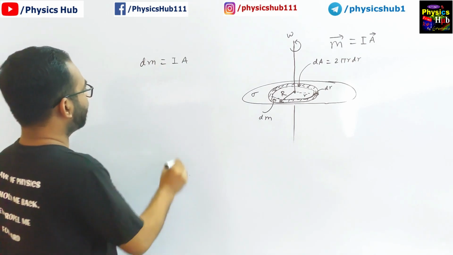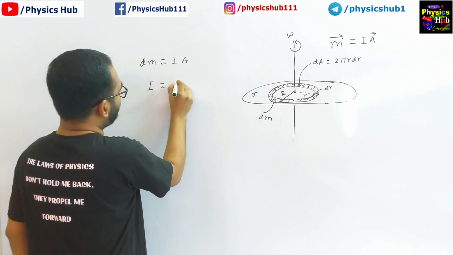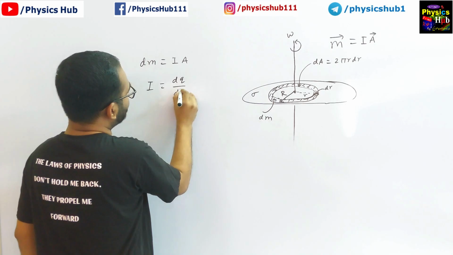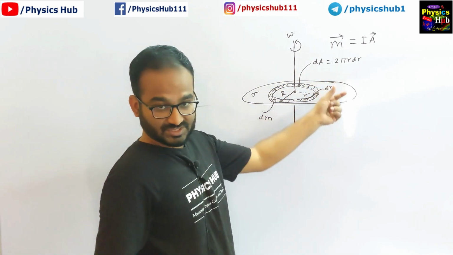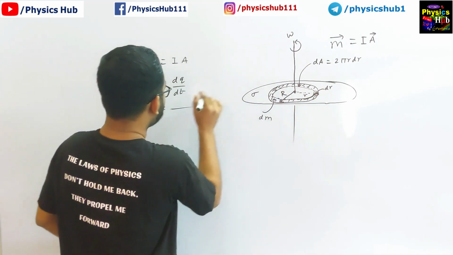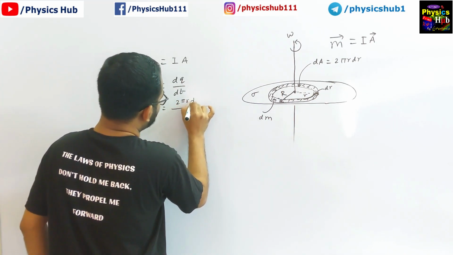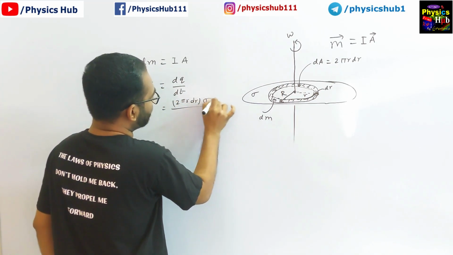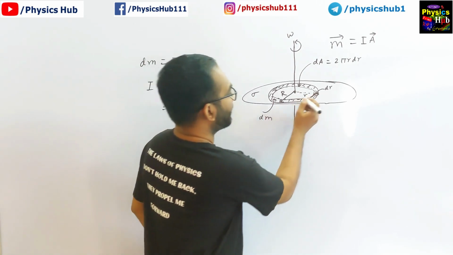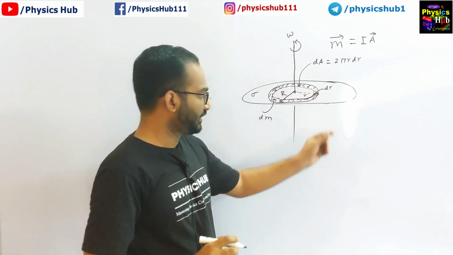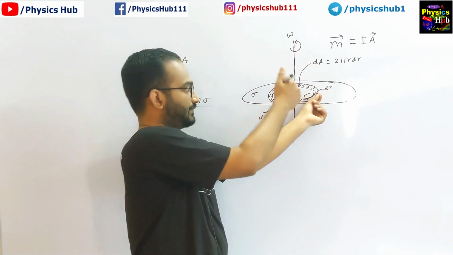Now what about the current? Current I is equal to dq by dt. dq is the charge enclosed in this strip. What is the charge? Area 2 pi r dr, multiplied by the surface charge density sigma. Now what is dt? Time. Consider a reference line here. Now you rotate.